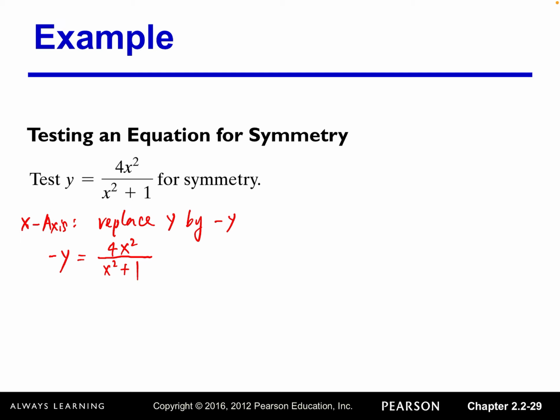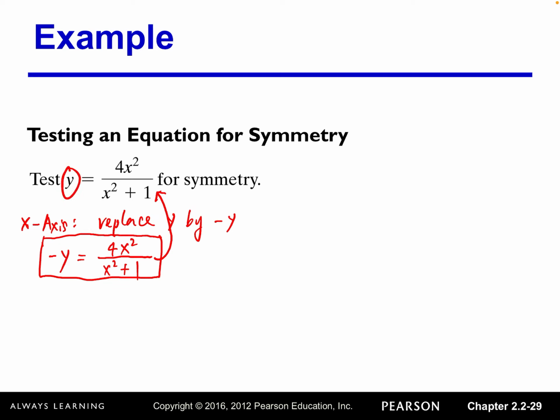All right, and then let's look at this equation. This one we can't further simplify, so we just leave it like that. After we replace y by negative y and simplify, this is the equation we have. Now we compare this equation to the original given equation and see whether they are identical or equivalent. Obviously, on the left-hand side the sign is different, right?